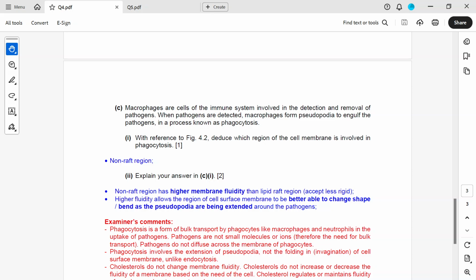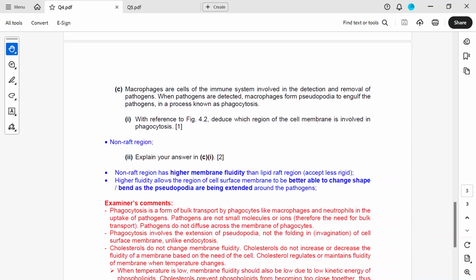So with high fluidity, the membrane is able to extend out, change shape, and form the pseudopodia. And the pseudopodia also is more able to fuse together, after the two pseudopodia have surrounded the pathogen, to fuse together to form the phagosome. All this requires fluidity to be high.